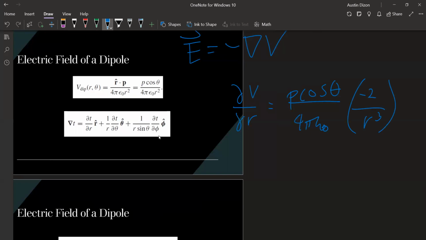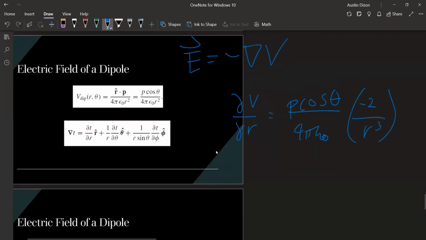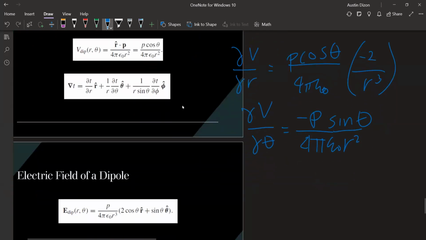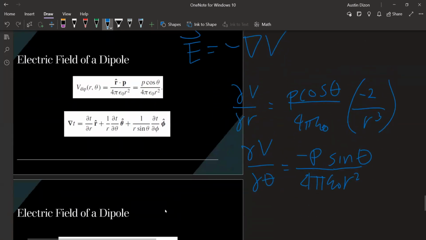Right? That's your dependence on r. Then your theta derivative will be negative. So P over r squared, the cosine theta, its derivative is negative sine theta. Right? And then with respect to phi, there is none, it's zero.